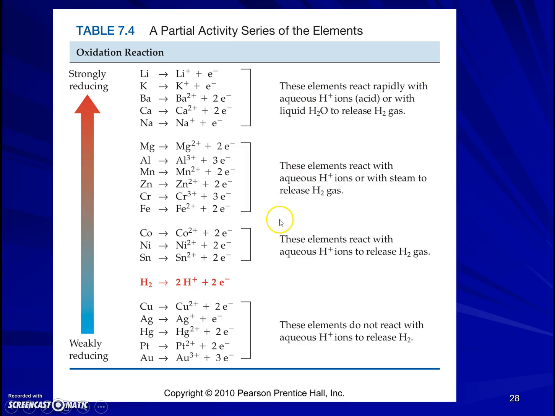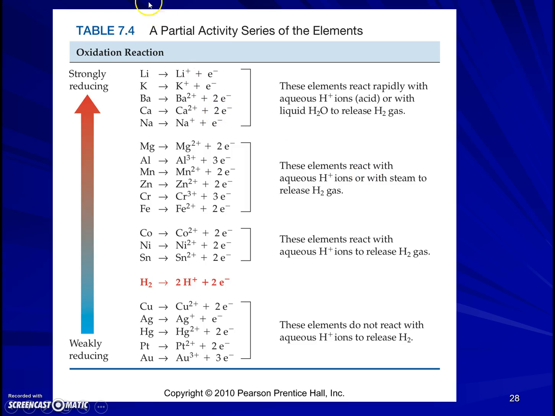But we rate these as whether they're more stable than hydrogen molecule compared to hydrogen ion. The ones that are more stable are copper, silver, mercury, platinum, and gold is the most stable that we find on this list. That means that gold will always come out of solution when it's placed in contact with another metal.